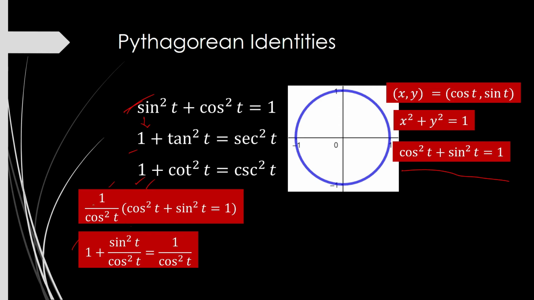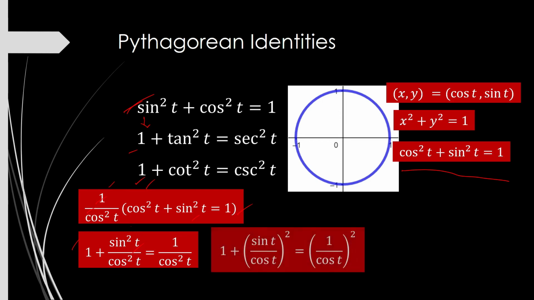Then we multiply the 1 over the square of cosine of t by the square of sine of t, and it is the square of sine of t divided by the square of cosine of t. And then 1 times this is 1 over the square of cosine of t.